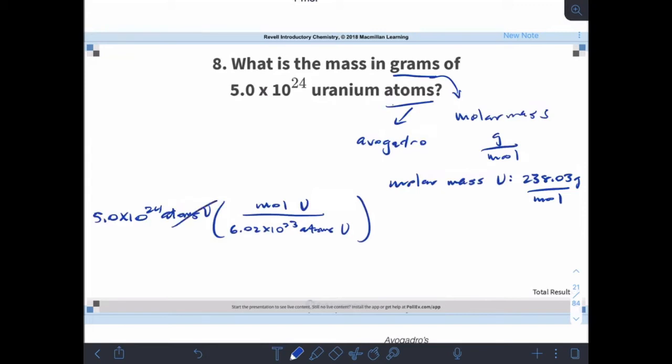Okay, so atoms of uranium will cancel out. So if I stopped here, I would have an answer that was moles of uranium. So now I'm going to use molar mass to get to grams of uranium. Okay, so right now I have moles, so I want to put moles on the bottom of my next conversion.